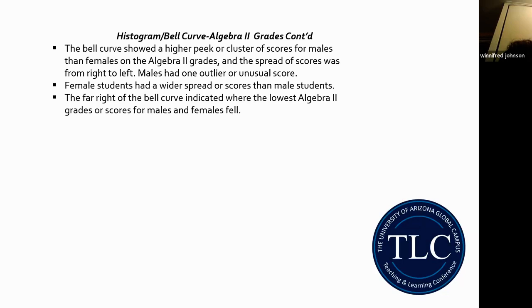Males had one outlier or unusual score. Female students had a wider spread of scores than male students. The far right of the bell curve indicated where the lowest Algebra II scores fell for males and females.